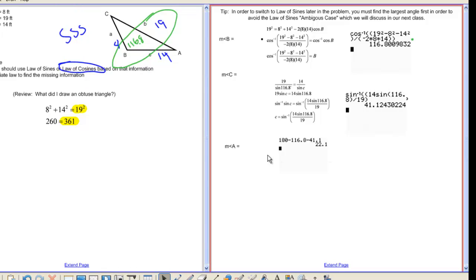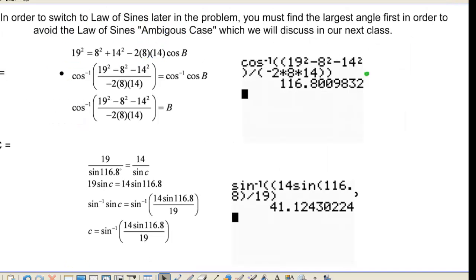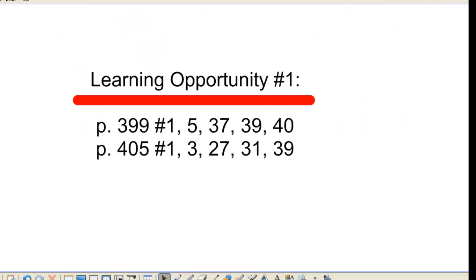And we get that it is approximately 41.1 degrees. And then to find the measurement of angle A, I can add those up or subtract them from 180.